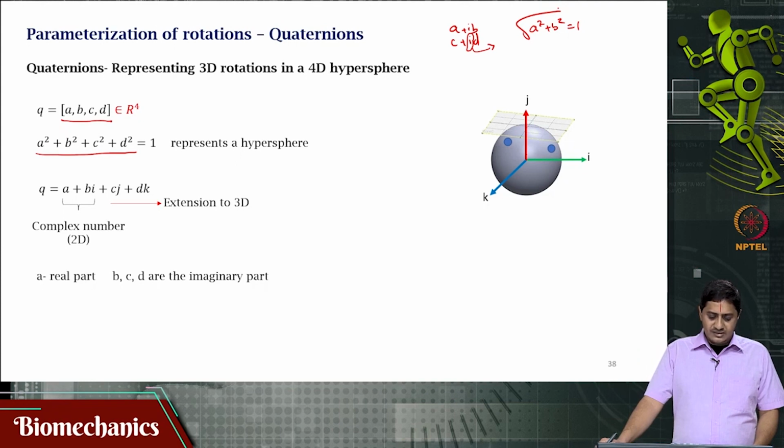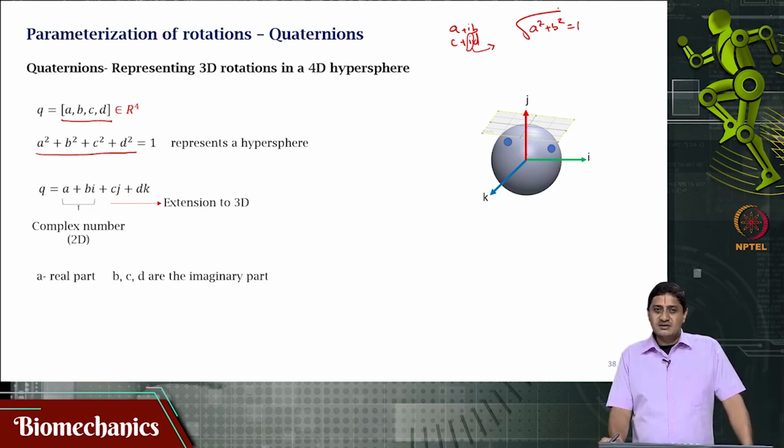Now, this a squared plus b squared plus c squared plus d squared is such that it represents a hypersphere in 4D space. Immediately what we realize is that 4D, that is not intuitive. That is the issue with quaternions, that the instant you say quaternions, they are not immediately intuitive.